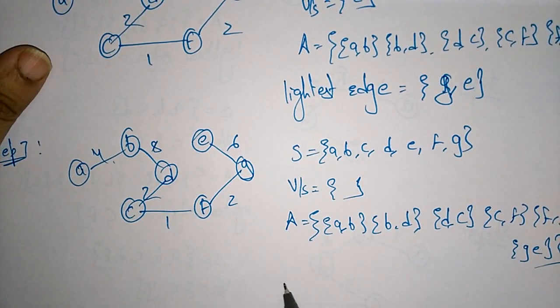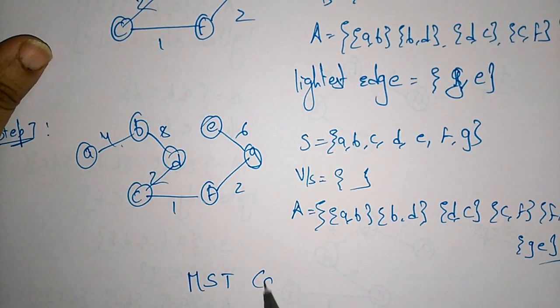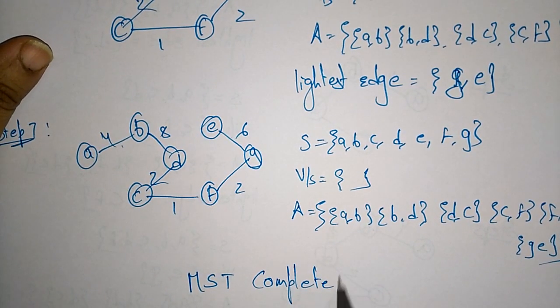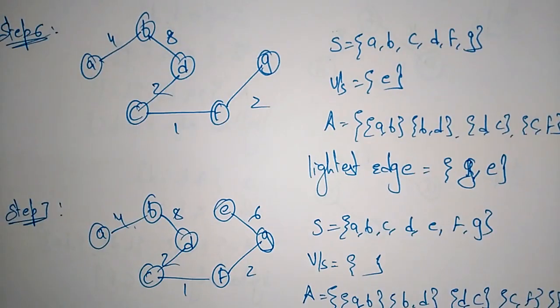So the MST is completed. The minimum spanning tree is completed. So this is about Prim's algorithm. Thank you.